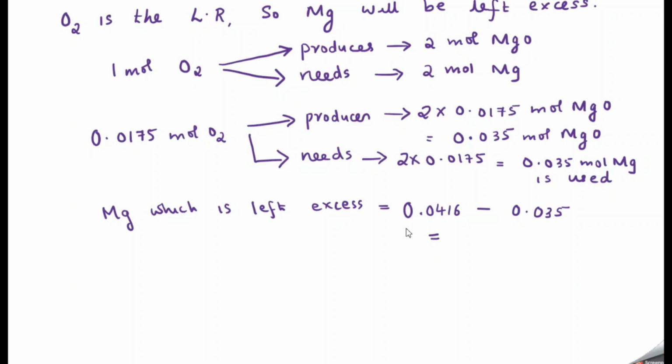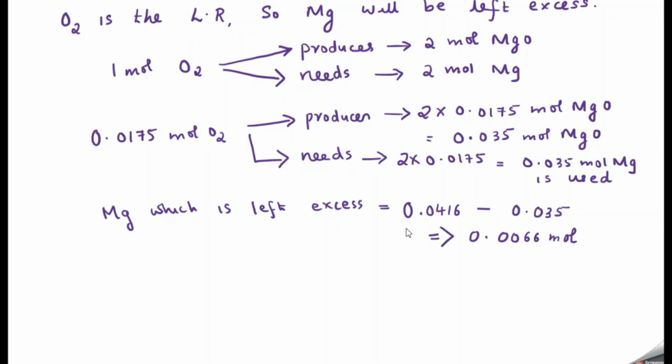So if you calculate it, it will come around 0.0066 mole. So I got the answer, that is magnesium which is left in excess, that is not used in the reaction, is 0.0066. What about oxygen? We know that oxygen is completely used in the reaction, correct, since it is the limiting reagent.